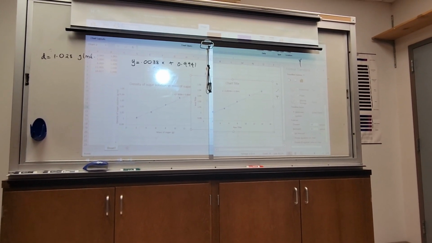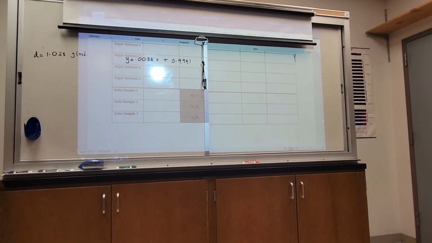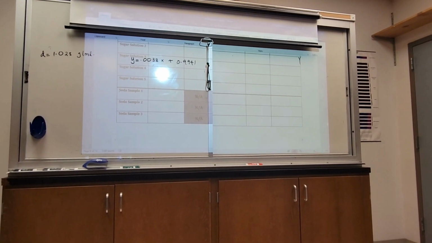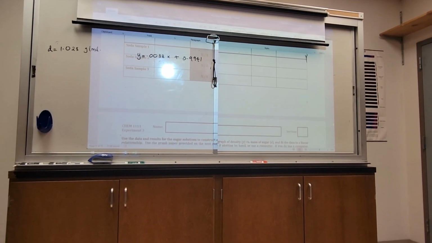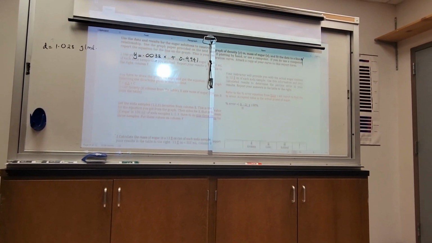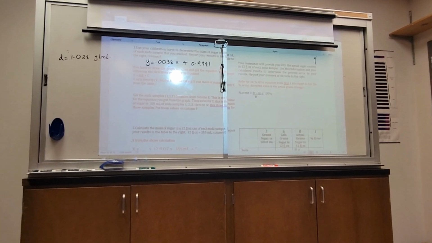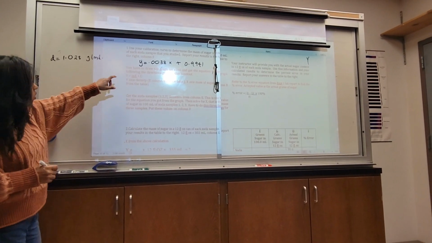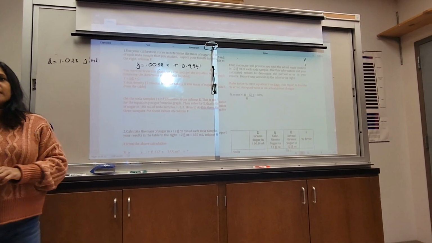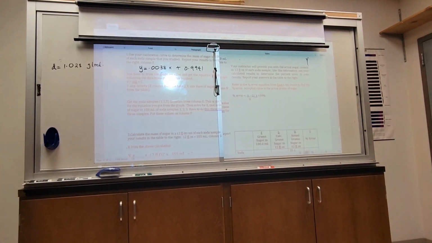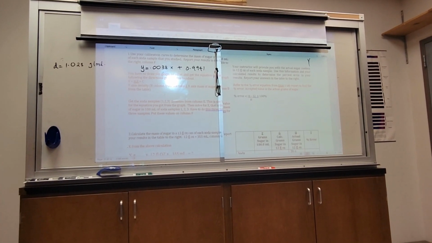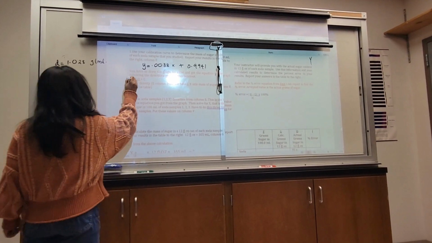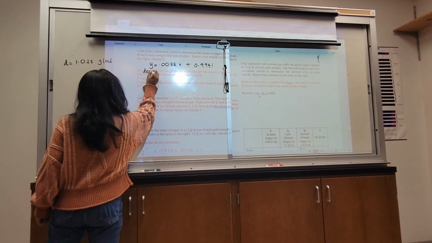Okay, that you calculated. So how do we find out the amount of sugar in that soda sample using our equation? What do we need to do? What do we have on the y-axis in our calibration curve? Density. So on the y-axis we have density.